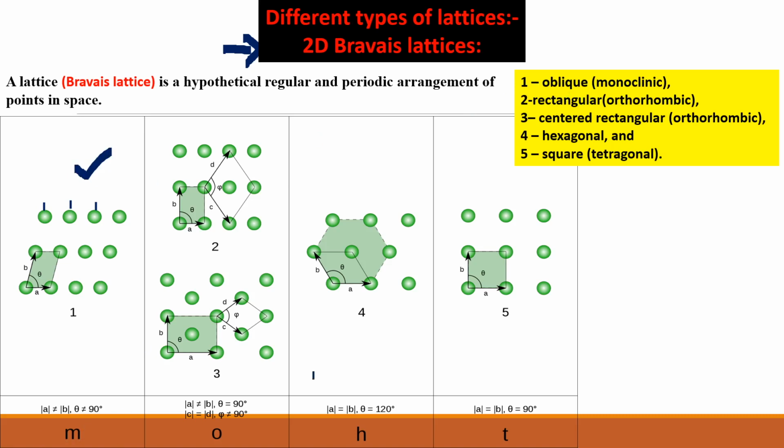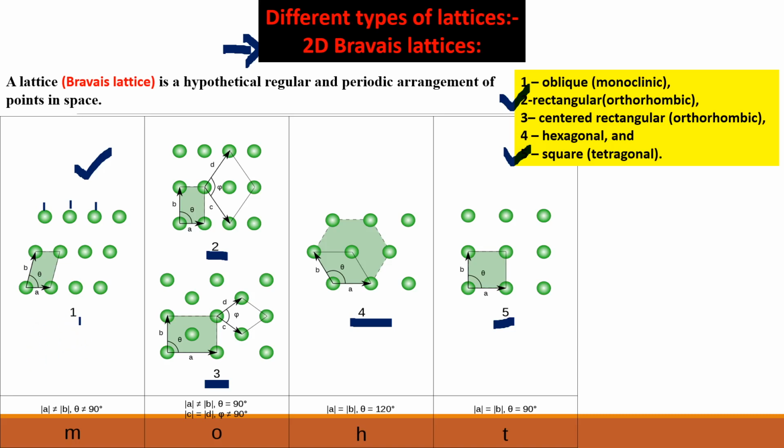The second figure indicates a rectangular lattice, or Bravais lattice. The third one indicates a centered rectangular lattice. The fourth indicates a hexagonal lattice. These are the types of 2-dimensional lattice, and the fifth one is the square lattice. We have to discuss them one by one.